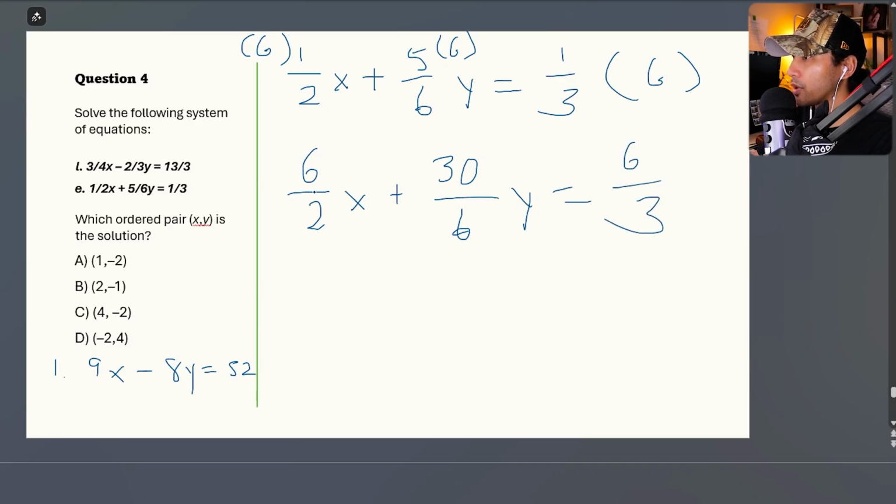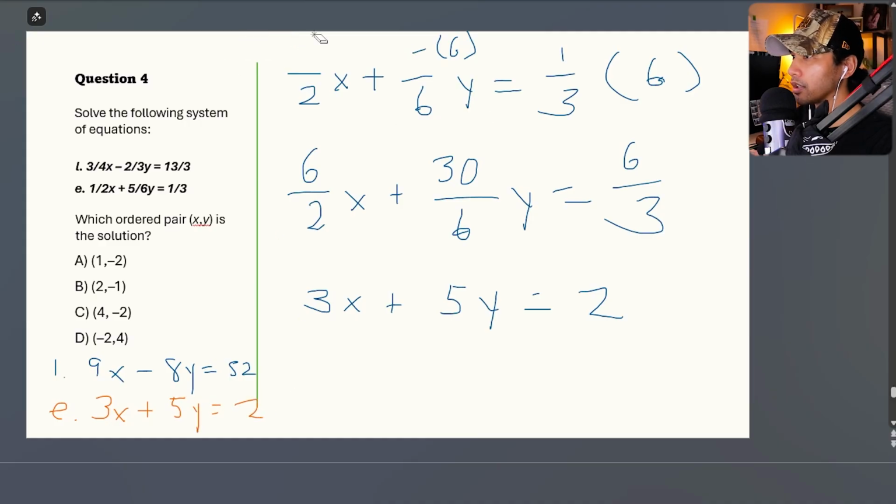That's 6 times 1 is 6, 5 times 6 is 30, 6 times 1 is 6. Then let's clear out these fractions now, and we have 3x plus 5y equals 2. In orange, I will put E, and that is 3x plus 5y equaling 2.